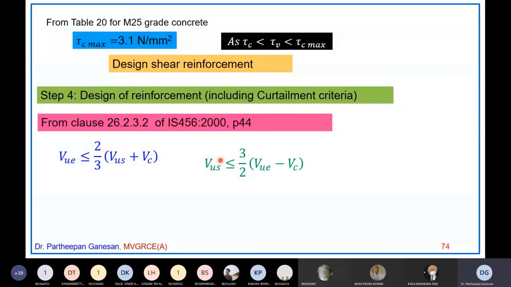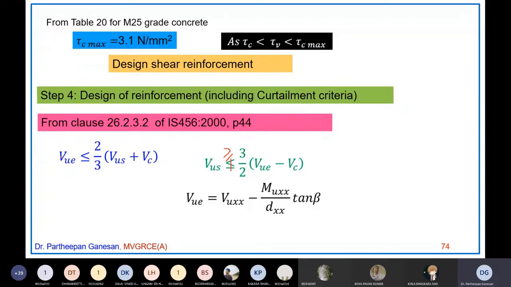Now I am going to rearrange it, because I am interested to find out VUS; all other values I know. VUS should be greater than or equal to 3/2 VUE minus VC. So for sake I can take VUS equal to that.